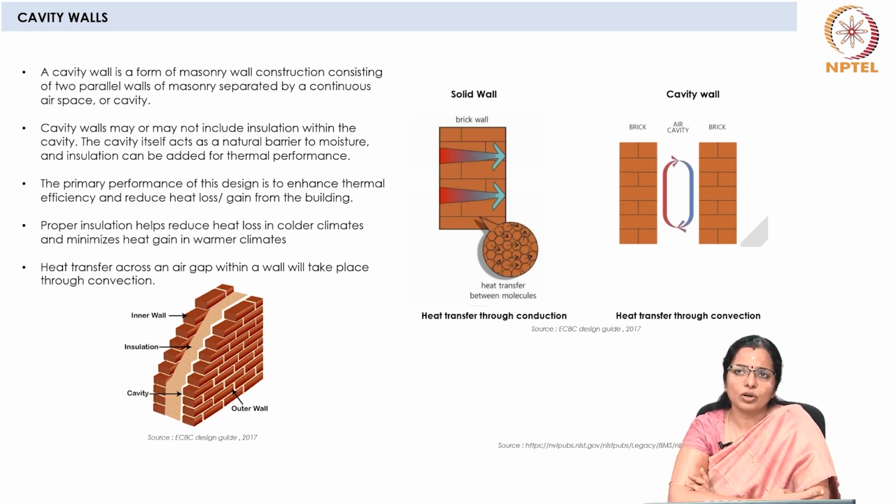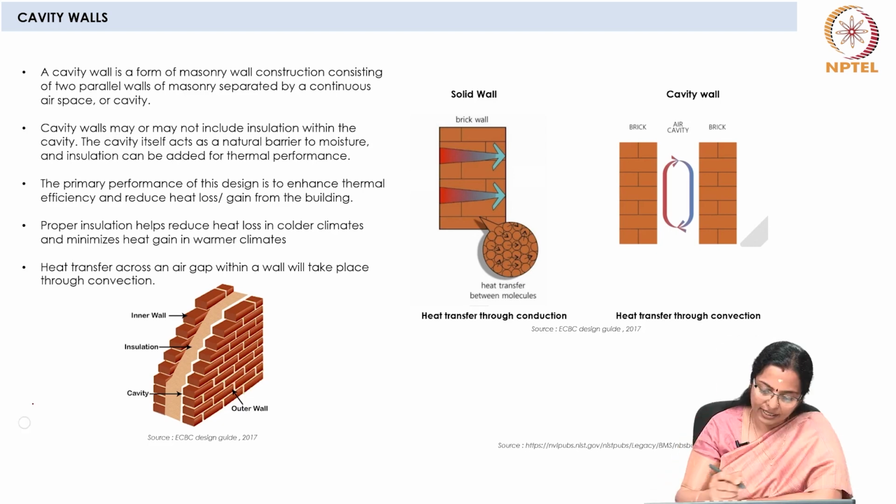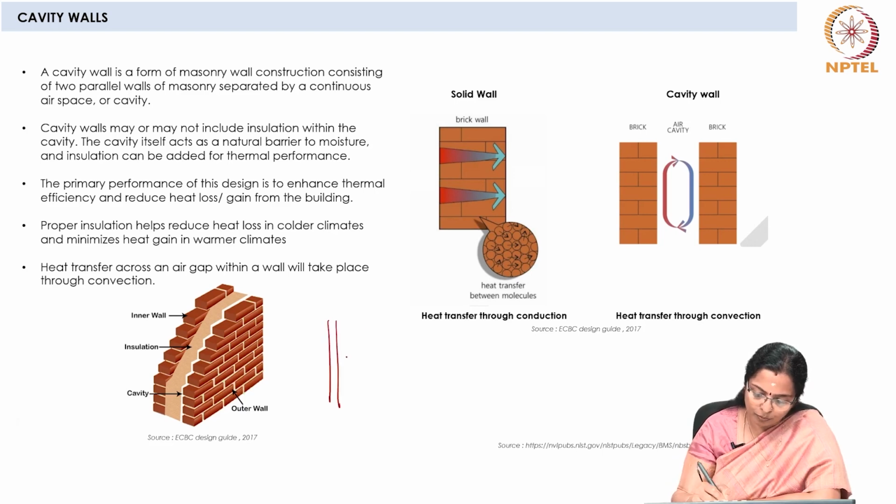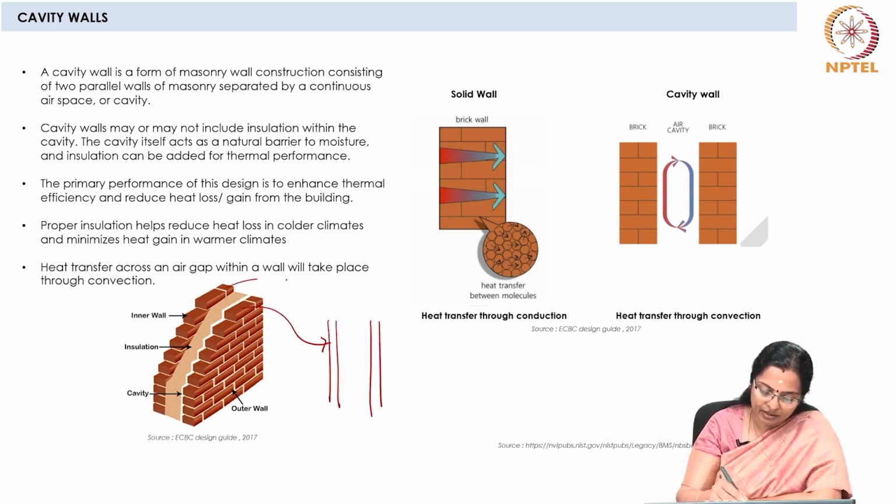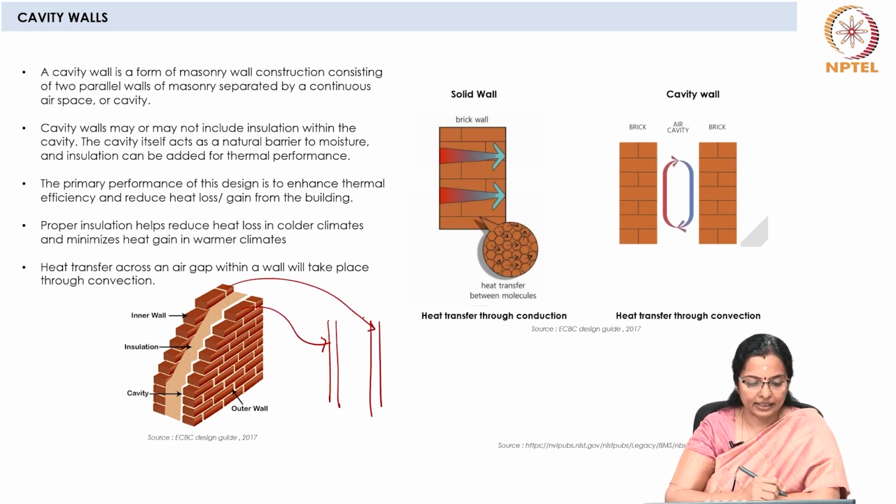A cavity wall is a form of masonry wall construction. It consists of two parallel layers like this, layer 1 and layer 2, which is separated by a cavity. So this is the cavity.